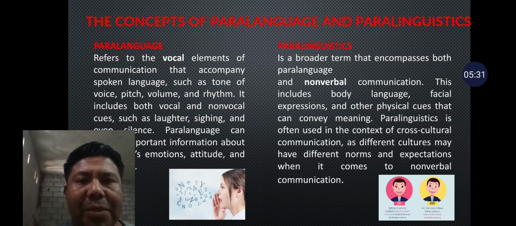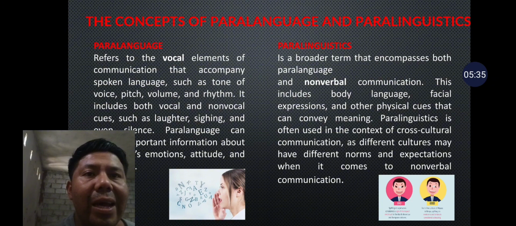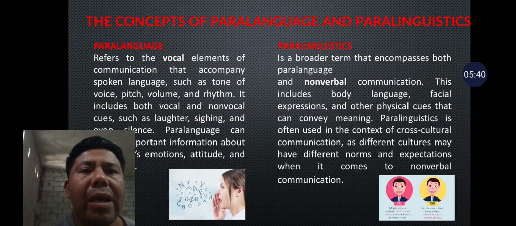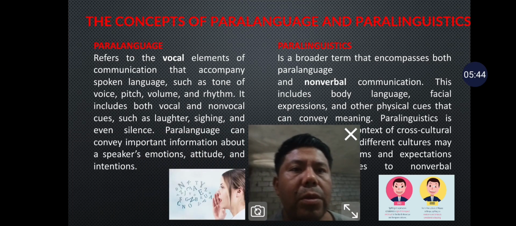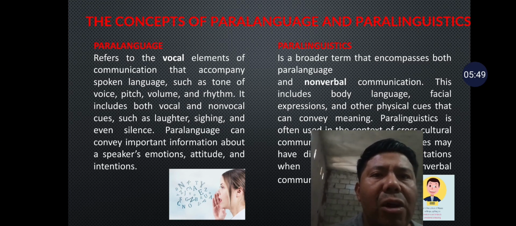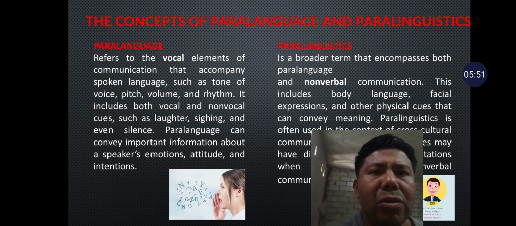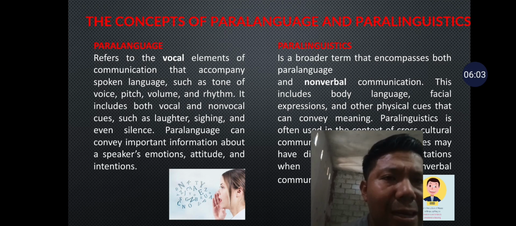In this last slide, we have the difference between paralanguage and paralinguistics. What is paralanguage? Paralanguage refers to the vocal elements of communication that accompany spoken language, such as tone of the voice, pitch, volume, and rhythm. It includes both vocal and non-vocal cues, such as laughter, sighs, and even silence.